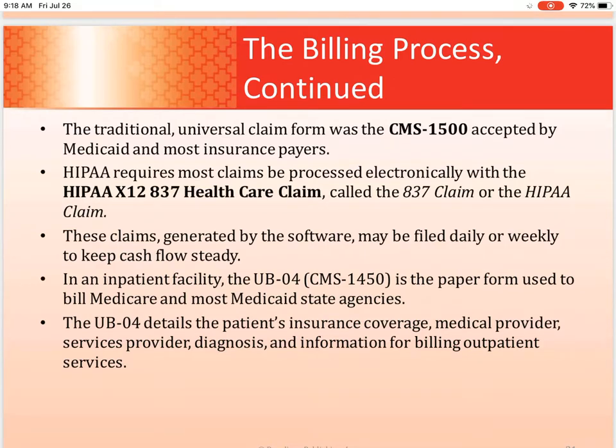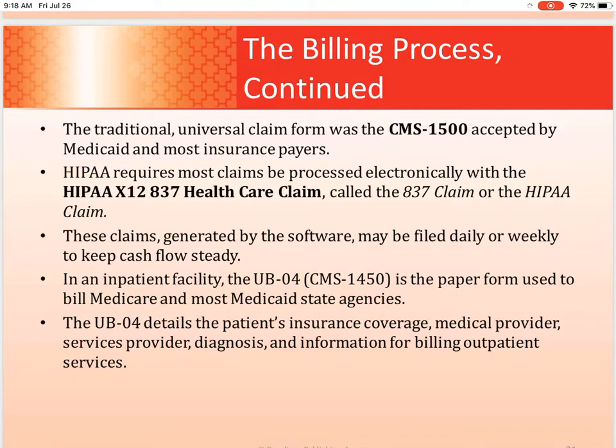Now, the 837 claim file is generated by the software and then transmitted to the appropriate insurance payers. Depending on the volume of patients treated by the practice, claims may be filed weekly or even daily. Frequent claims processing should occur to keep your cash flow steady.